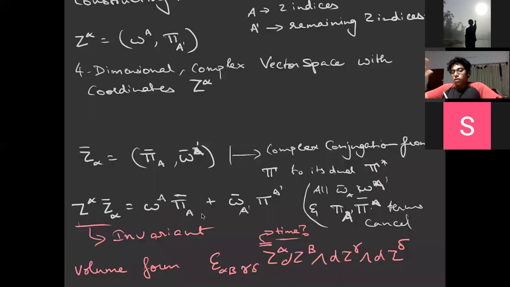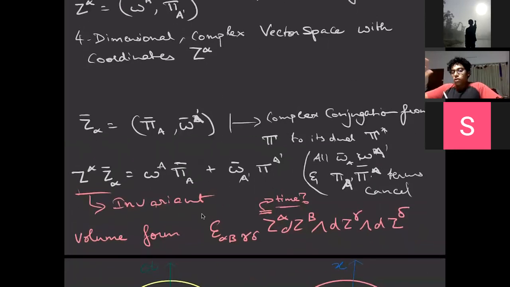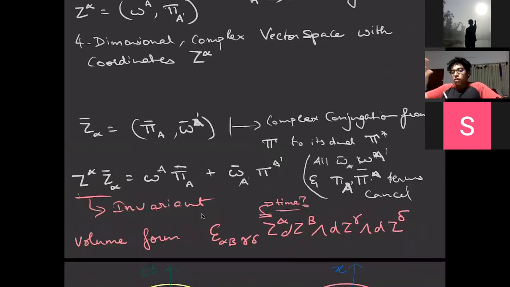Essentially you have two orthogonal spinors, two different spinors that constitute a four-dimensional space coming in. So Z alpha and the conjugate give you this relation, and this expression always remains invariant.